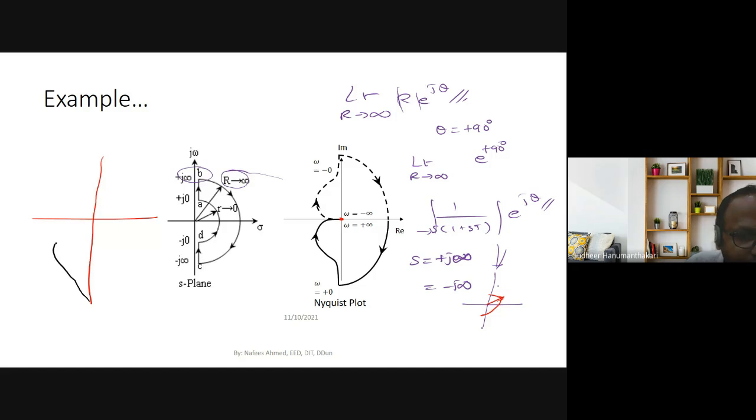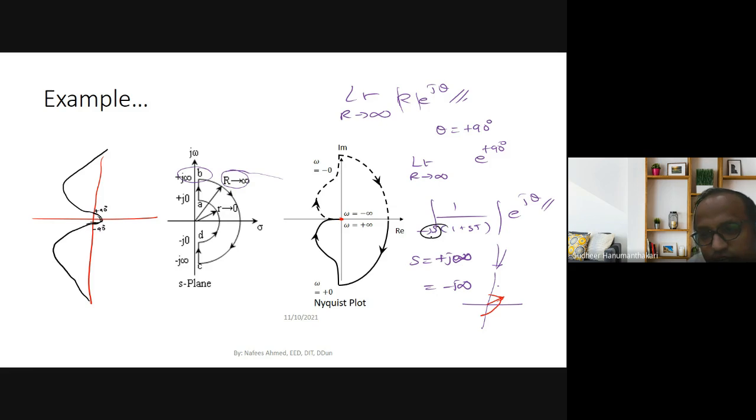This will come like this. And this big arc will get converted into a small arc because it is a 1 by s term. Small arc from minus 90 degrees to plus 90 degrees. And then this is going to go into this, and this small r tends to 0.